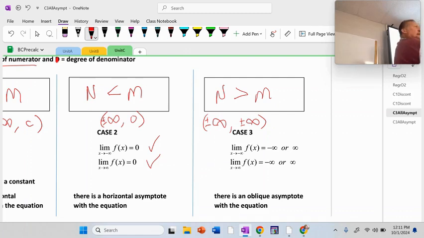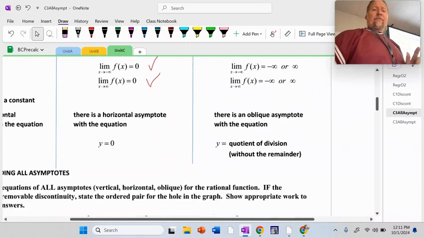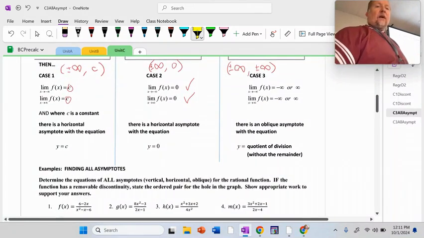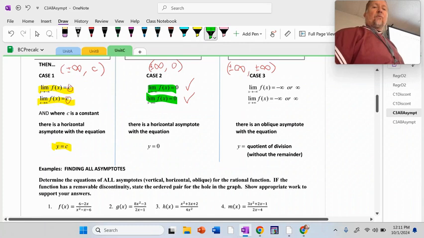That's what most people would think everything works like, not with rational functions. Rational functions have different cases. So this is synonymous with this as well. That's synonymous with what the equation of the horizontal asymptote is.